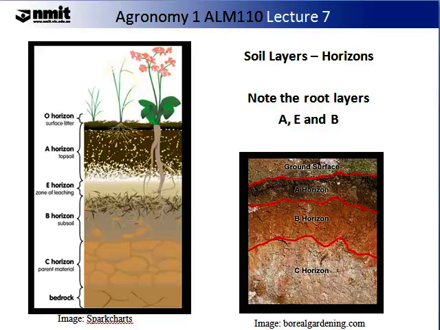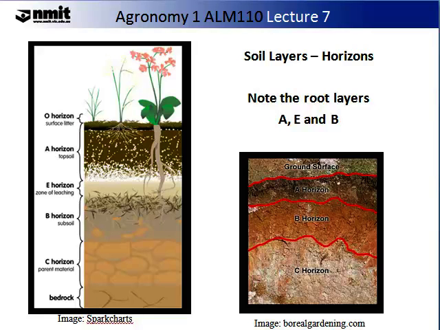Horizon E is the zone where leaching occurs. Horizon B is the subsoil. This is the zone that often contains an accumulation of minerals as well as some organic materials. Horizon C is a zone composed of broken down plant material and the basic type of rock of which the rest of the soil tends to be derived from.